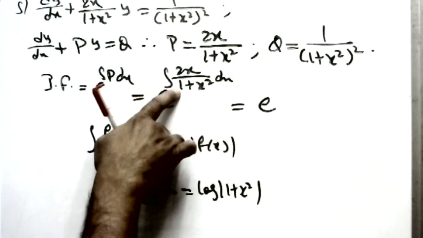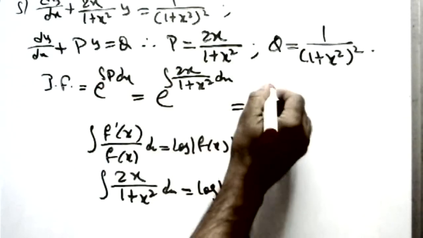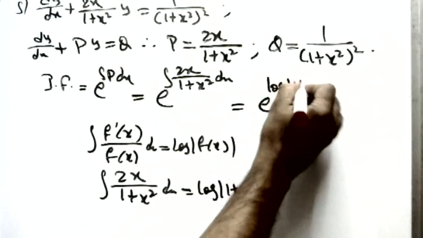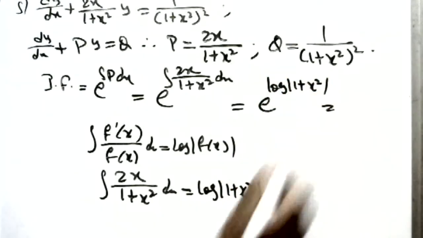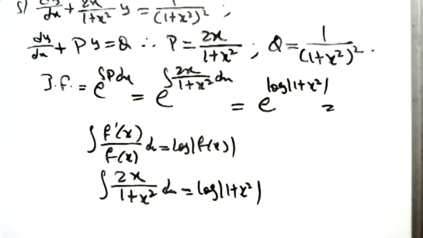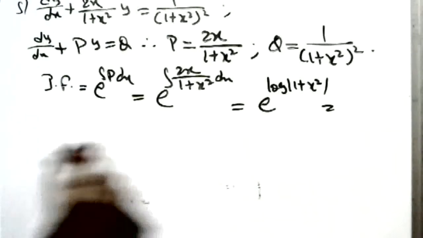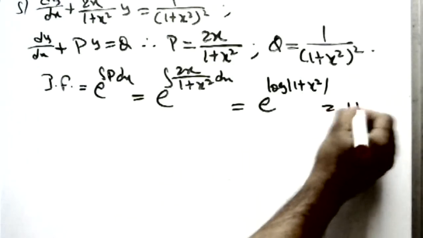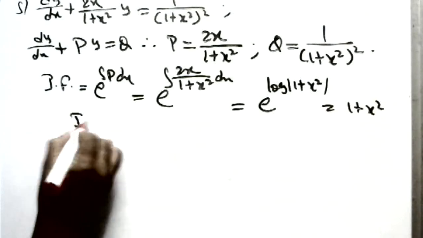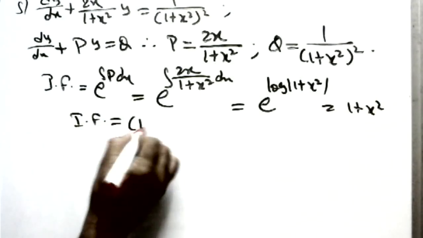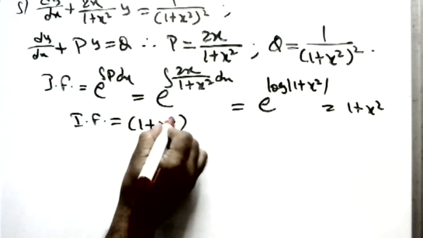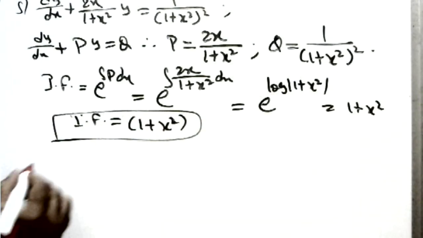So e to the power of integration of f dash x by f of x is e to the power of log of mod f of x. Now the log and e get cancelled. So what is left here? 1 plus x square. So we got the first step, the integrating factor, 1 plus x square.